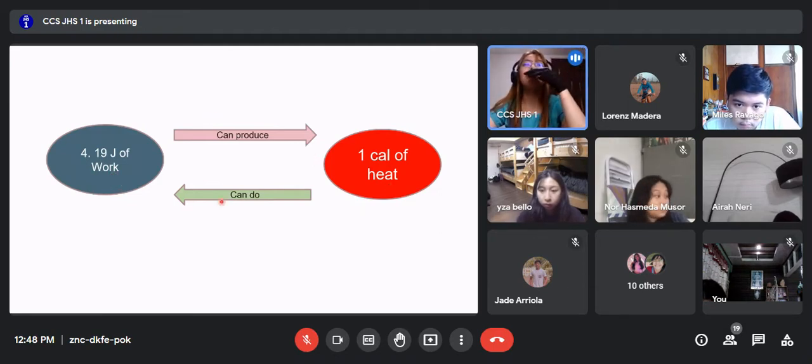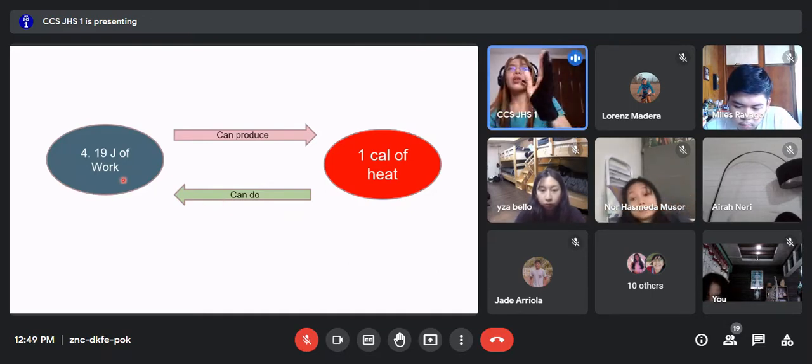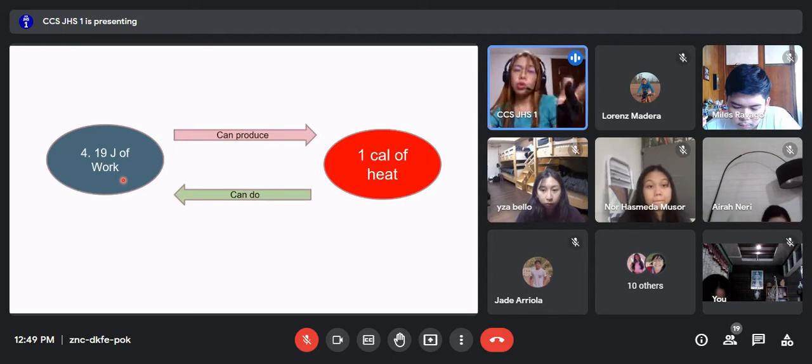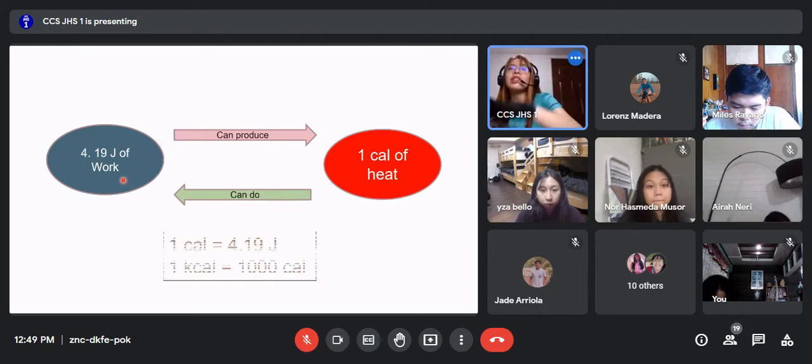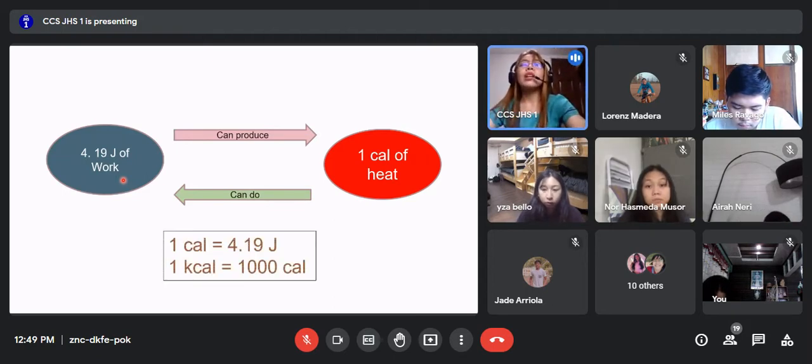That is the concept behind the mechanical equivalent of heat. So again, 4.19 joule can produce 1 calorie of heat, and 1 calorie of heat can do 4.19 joule. So it's like the equivalence: 1 calorie is equivalent to 4.19 joule.